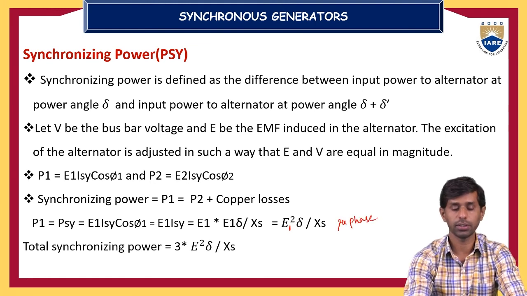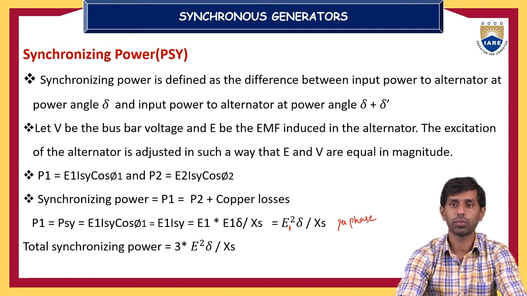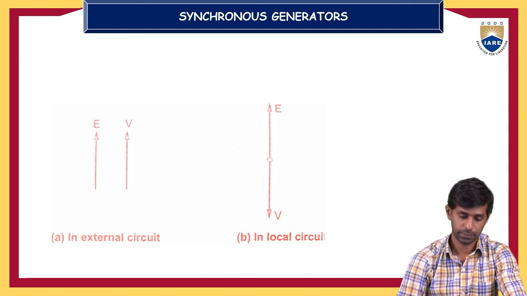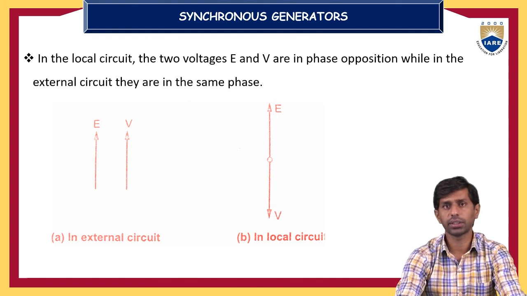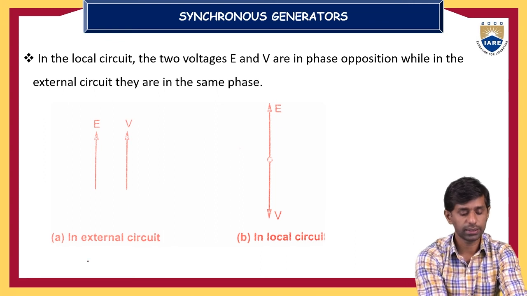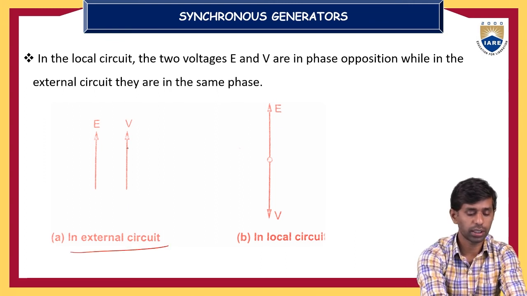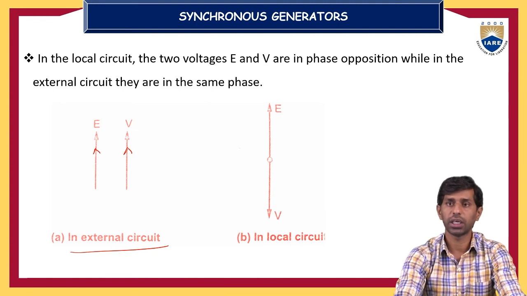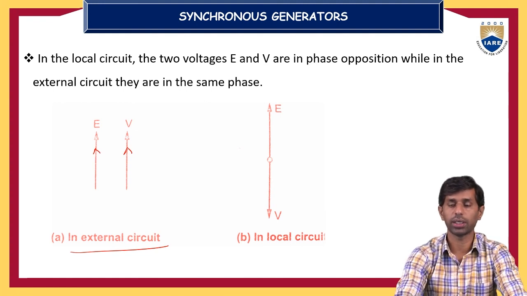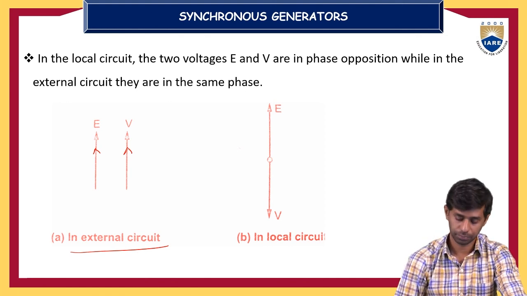So for 3 phases, it is 3 times E1 square del by XS. This is actually the voltage vectors for the alternators which are connected in parallel. In the external circuit, both the alternators are in phase. But in the local circuit, that is between alternator 1 and 2, they must be in phase opposition.